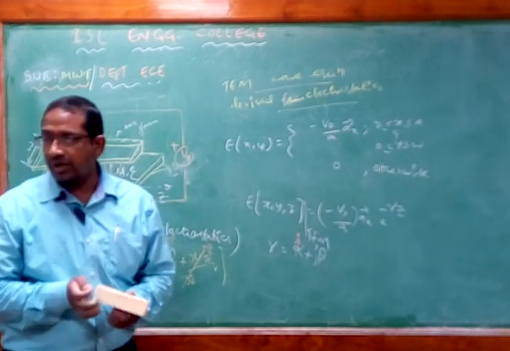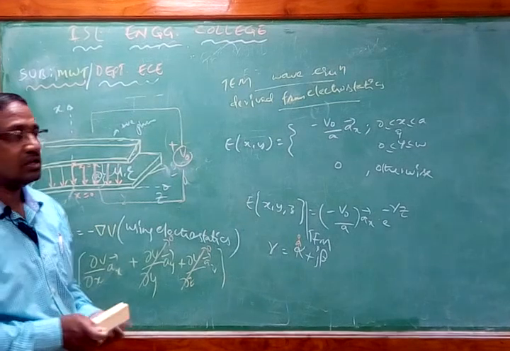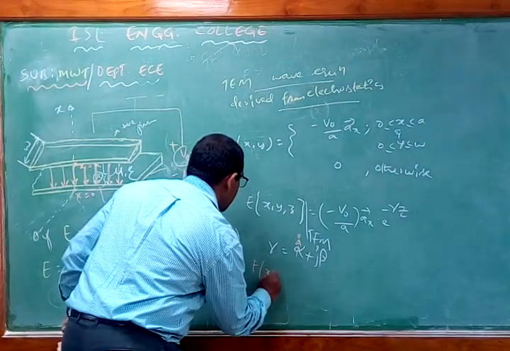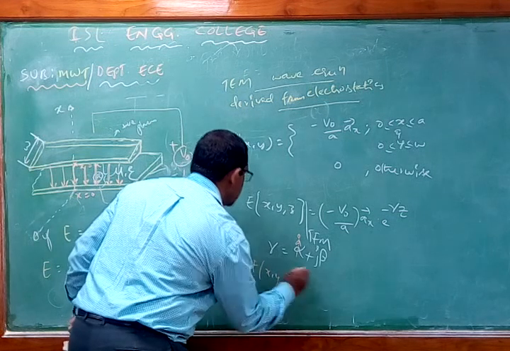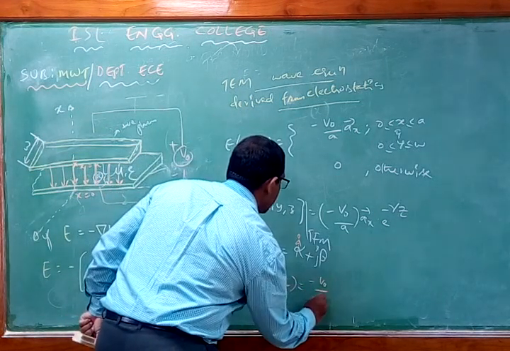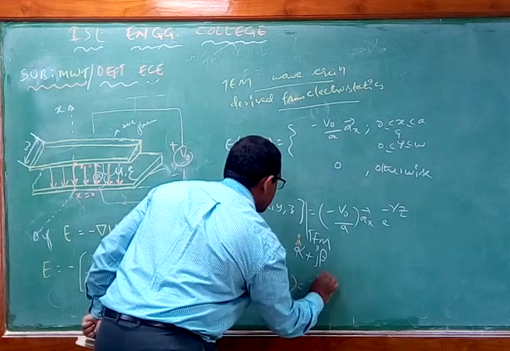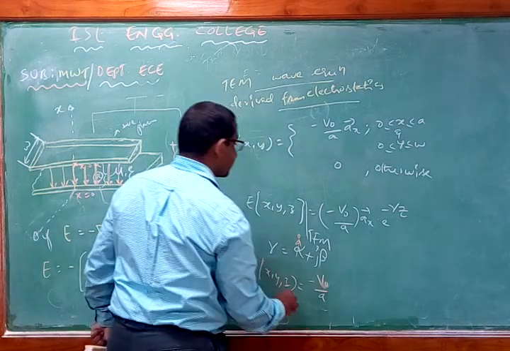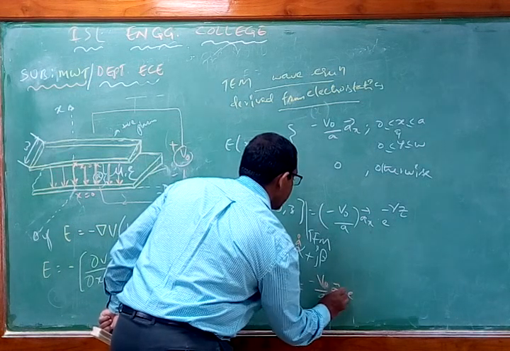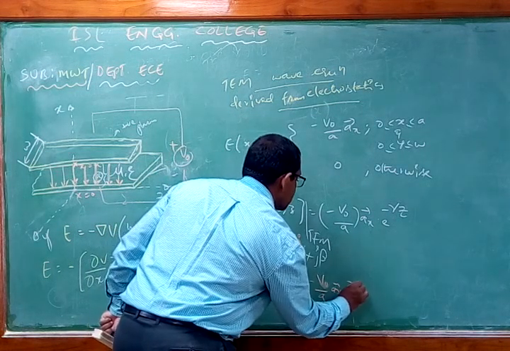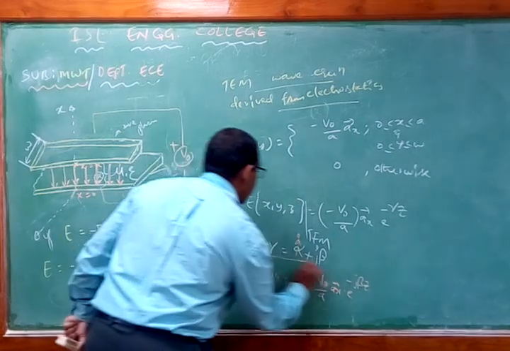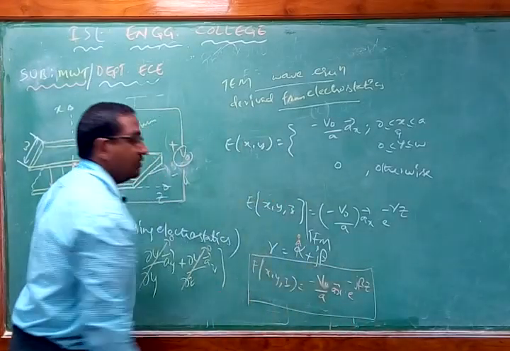So finally we can write the TEM wave equation as E of xyz is equal to minus V naught by A Ax into e power minus j beta z. So this is the final wave equation that we can write.